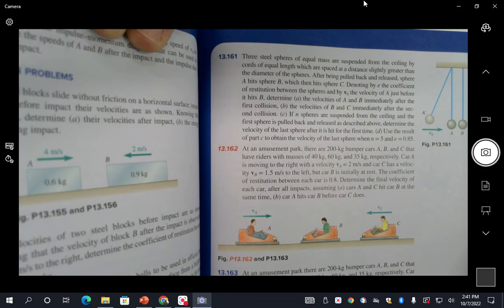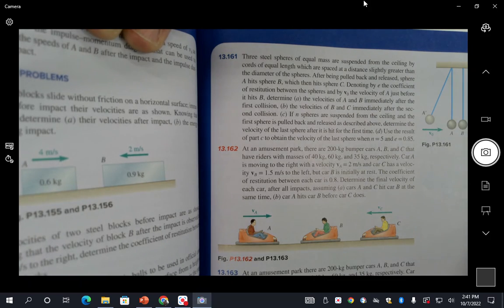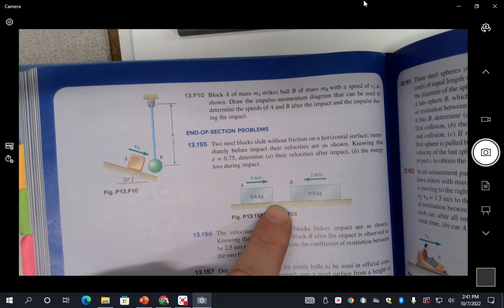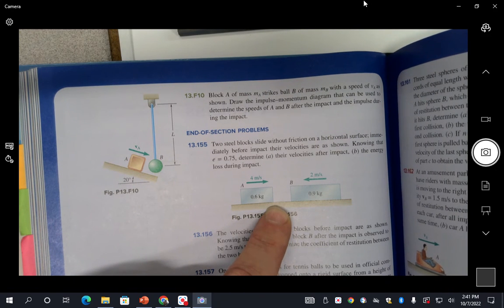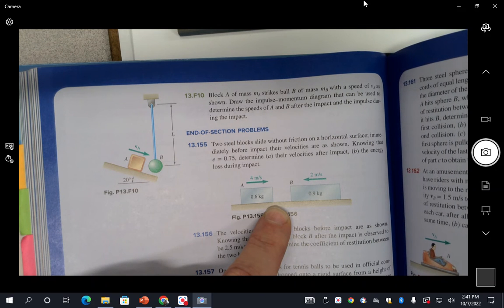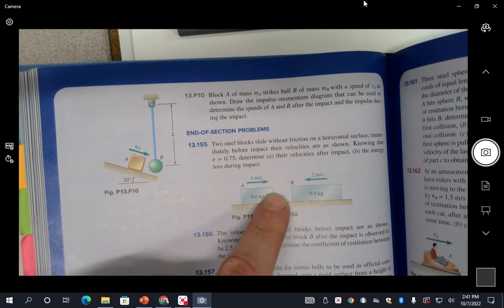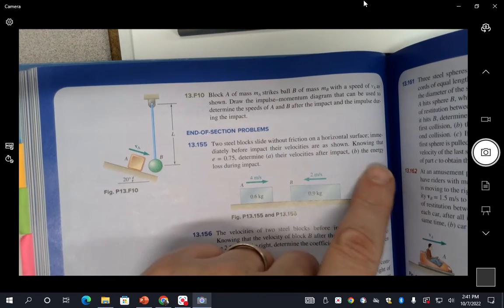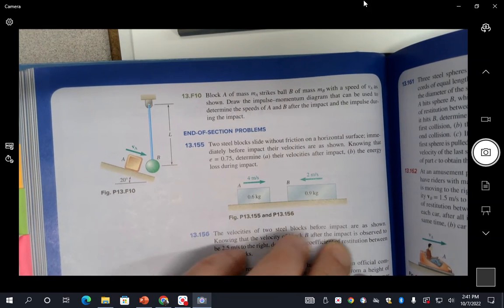It's a fairly straightforward problem. It's not really any different from this problem: two steel blocks slide without friction on a horizontal surface, the velocities immediately before the impact are shown, knowing the coefficient of restitution, find the velocities after impact, and then the energy loss during the impact.